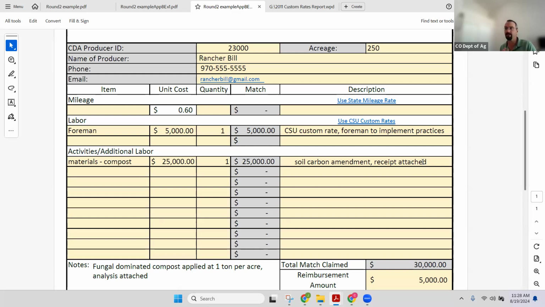If we're paying for a grazing management plan, we have to be able to see that plan. Any sort of product that's being applied, fertilizer, amendments, compost, etc., all needs these attached receipts and all the materials as well. Please be sure to have your acreage, your application rates, and what's going on with that product in there.